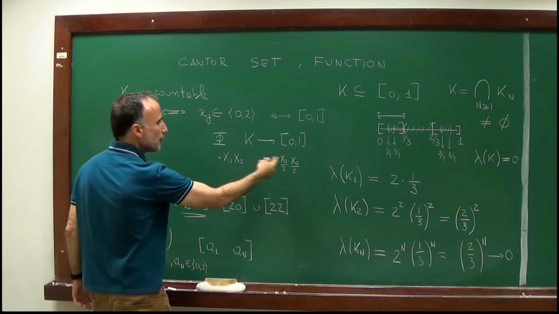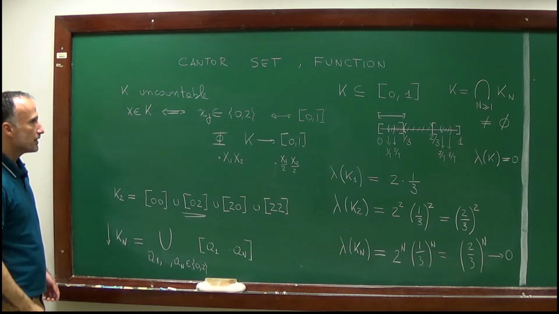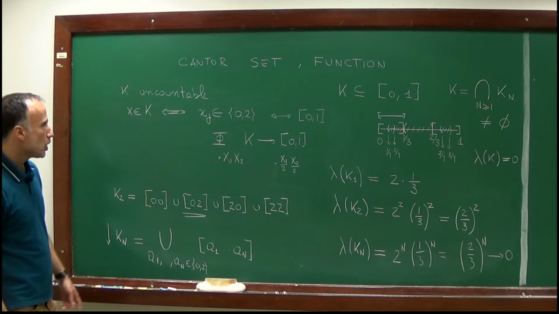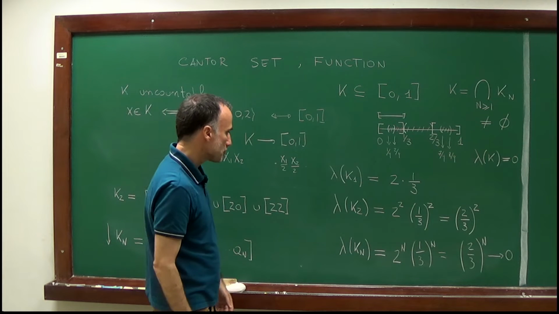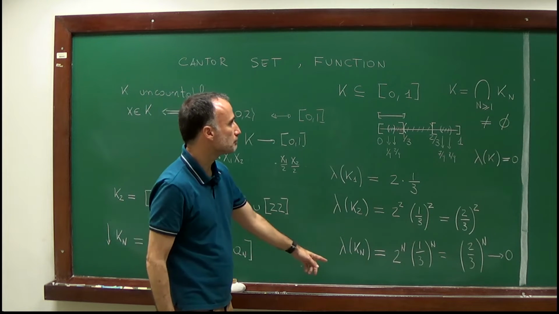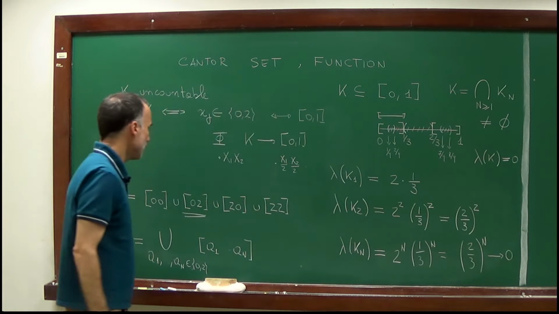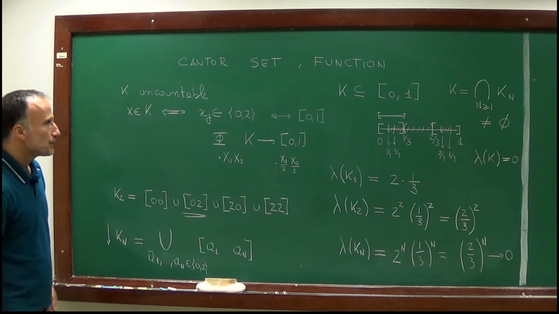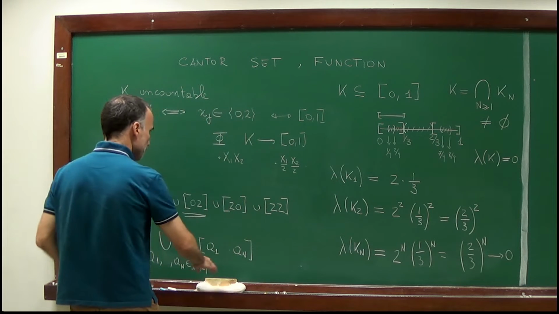And this is 1 to 1. Since this set is uncountable, we get that the Cantor set is uncountable. So we have an example of an uncountable set whose Lebesgue measure is equal to 0. Right? So this is the Cantor set. And now I will define a function by using this construction.